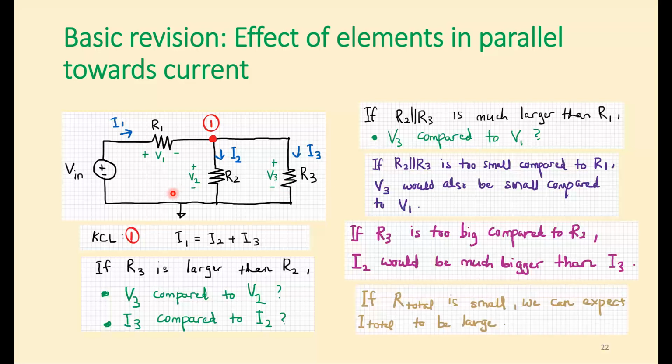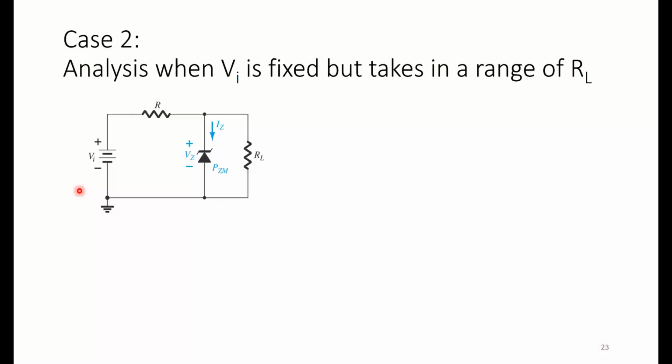And if R total is small, if we add R1 plus R2 that is parallel with R3 effectively, you will find that if the R total is small, we can expect that I total will be large for the same Vin fixed. Now play around with this resistive circuit, because we're going to use it here.